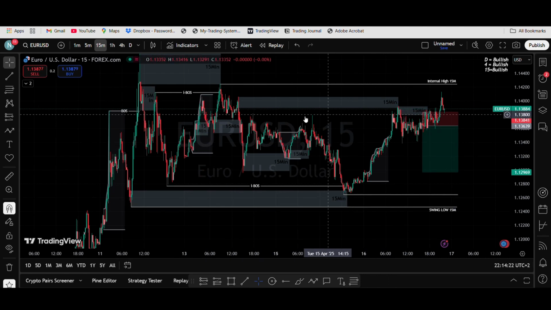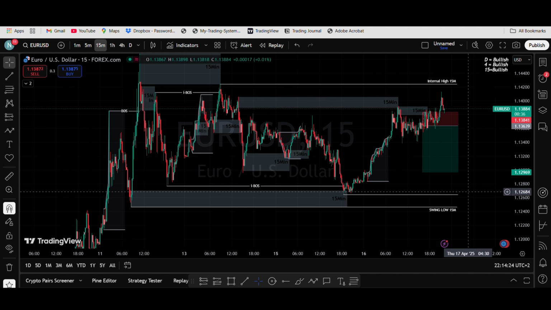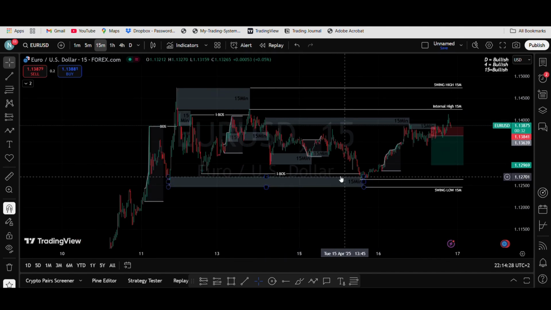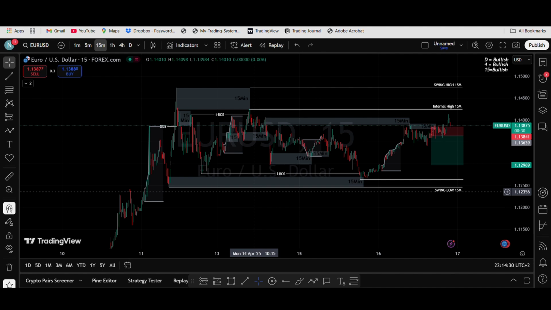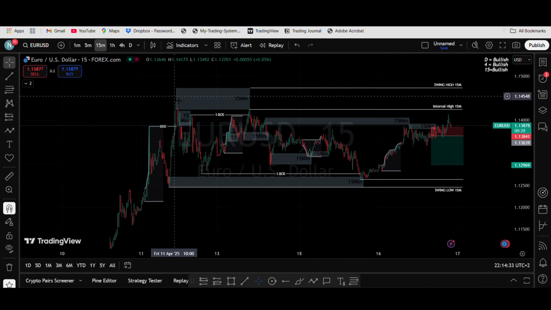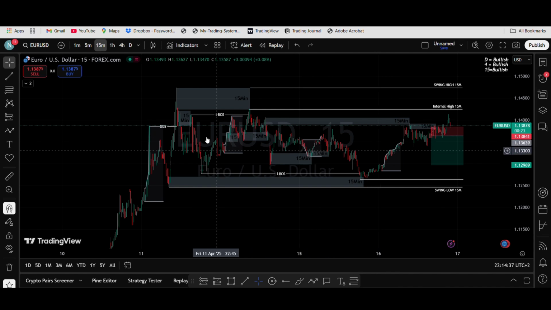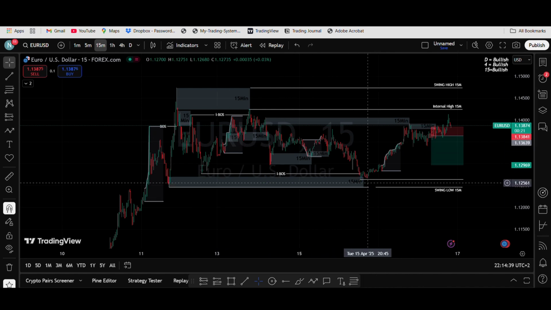The internal structure pulls back, and then you would expect it to continue going down. But it was facing up against the swing structure, and swing is king, so you probably want to go with the swing instead of the internal in this case, because the swing did come into the extreme.